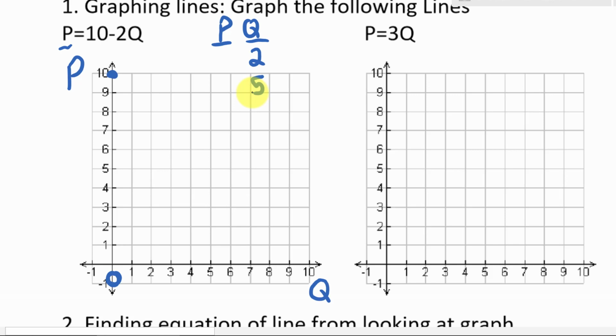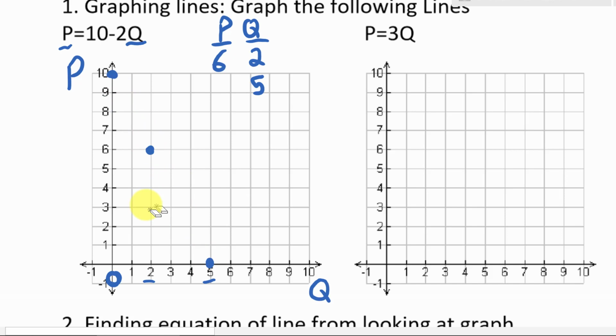Then we could plug in a quantity of 2 for q here and get 10 minus 2 times 2 is 6. And that gives us another point. 2 for quantity, 6 for price. For 5, 2 times 5 is 10, 10 minus 10 is 0, so quantity is 5, and price should be 0. And we connect those dots, and we've got a straight line.